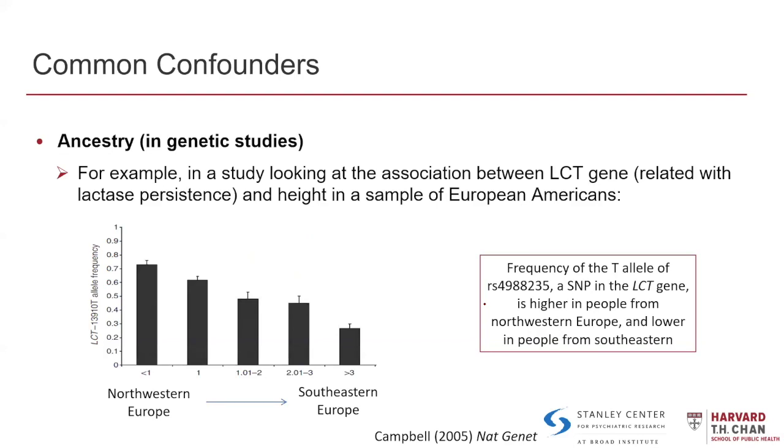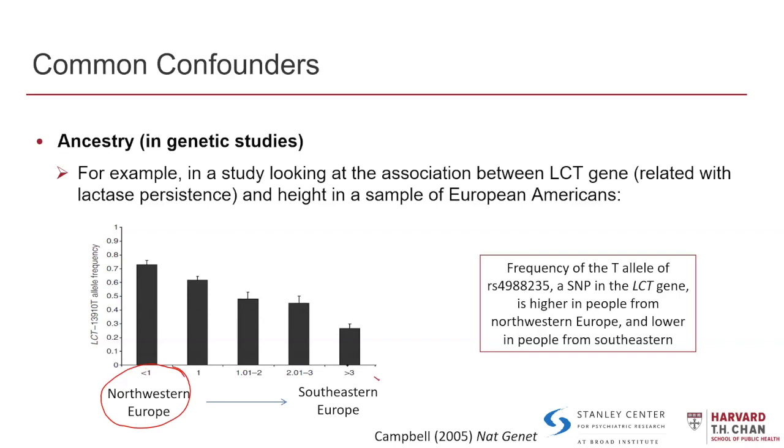This is an example that was published in 2005 in Nature Genetics, trying to look at the association between a specific gene related with lactase persistence and height in a sample of European Americans. This study looked at the frequency of the T allele, which is higher, as depicted in this graph, for people from Northwestern Europe compared to people from Southeastern Europe.